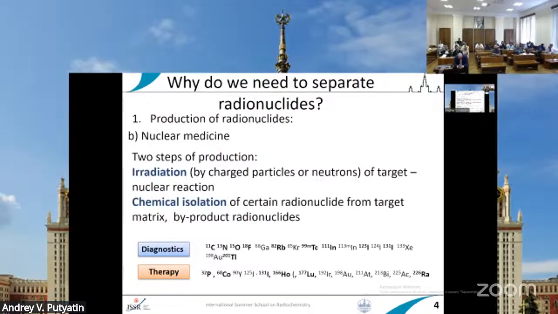In general, when we're talking about their production, the first part is irradiation by different methods, by charged particles or by neutrons if we can use nuclear reactors. After that, we have the problem of chemical isolation of certain radionuclides from the target matrix, from byproduct radionuclides, and in some cases even from other isotopes of the certain radioisotope.